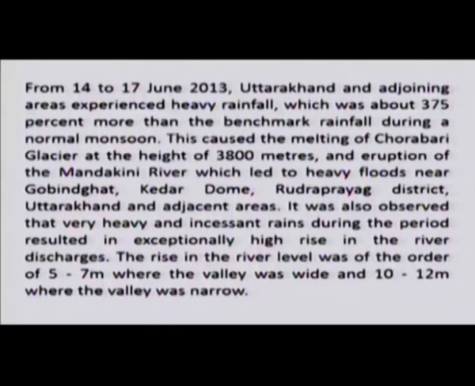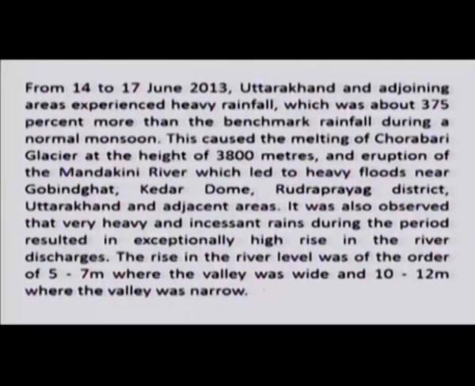It was also observed that very heavy and incessant rains during the period resulted in exceptionally high rise in the river discharges. The rise in the river level was of the order of 5 to 7 meters where the valley was wide and 10 to 12 meters where the valley was narrow.